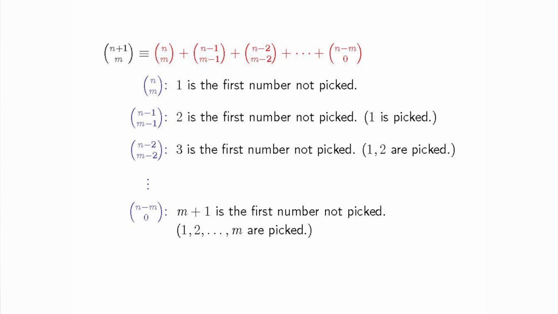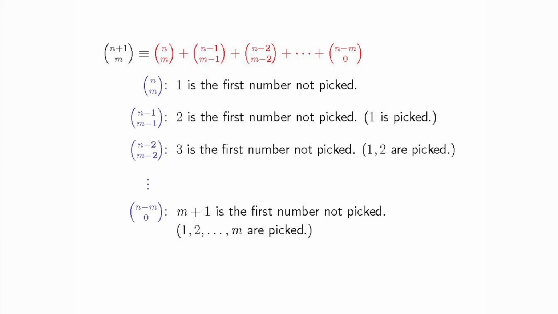That is, we have selected 1 but not 2. So we have the remaining n minus 1 numbers, and we have to choose n minus 1 of them. The third case is similar. We selected 1, 2 but not 3. Then we have to choose n minus 2 out of n minus 2, and so on.